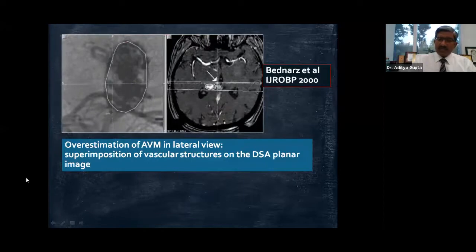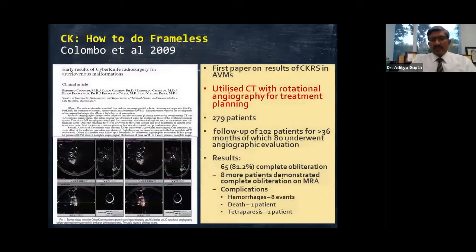For example, in this study it was shown very well that if you use this simple planar imaging model with the Gamma Knife, you can overestimate the size of the AVM, an example in this image in the lateral view. And in Cyberknife, because we are doing everything frameless, it was Professor Colombo, and I was very privileged to spend a week with him in Italy, who did this using 3D rotational angiography.